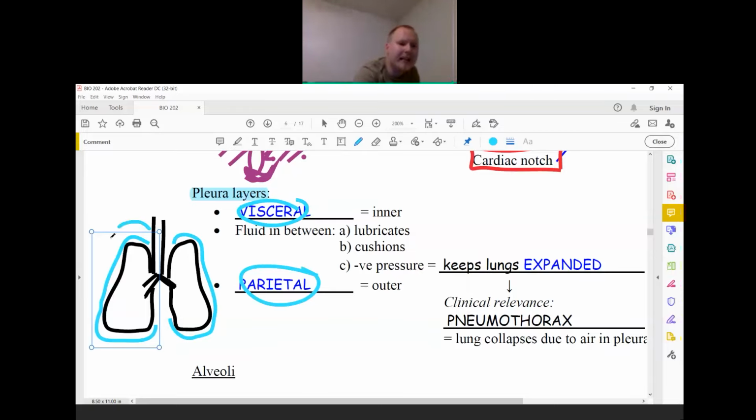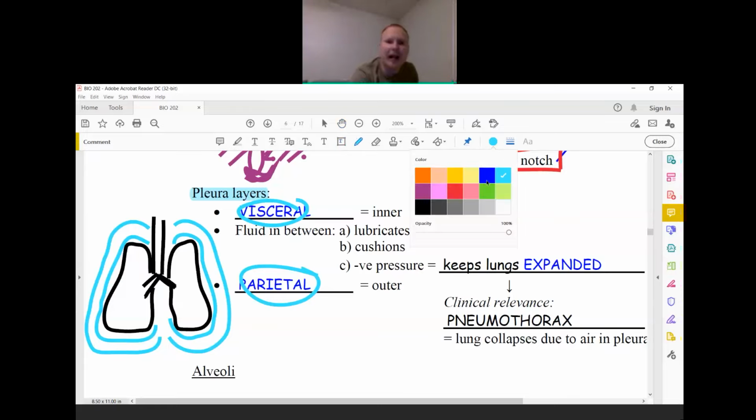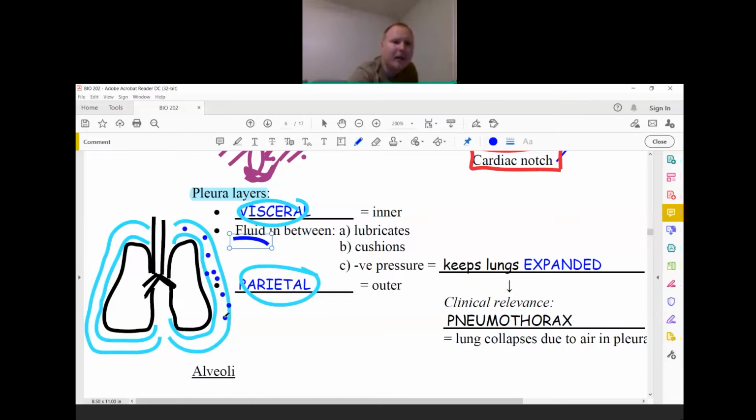And in between these layers, we've got fluid there. And this fluid serves a bunch of different purposes. It lubricates these layers so they slide nicely past each other. It also provides a little bit of cushioning there. But most importantly, it generates what is known as the negative pressure between these layers.